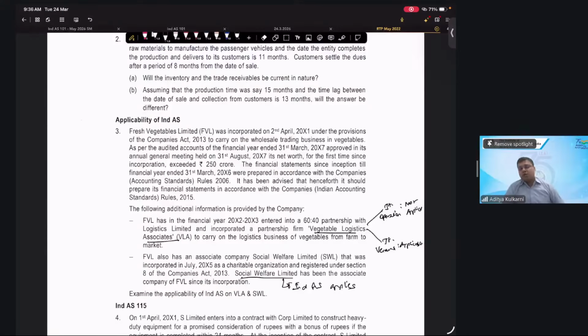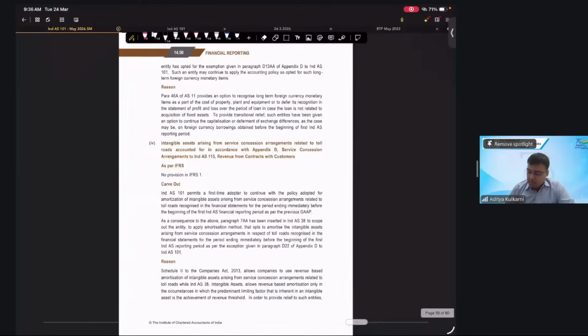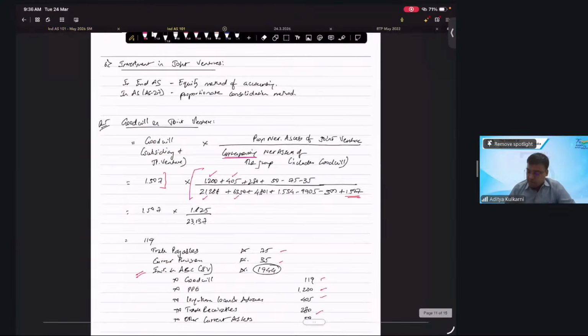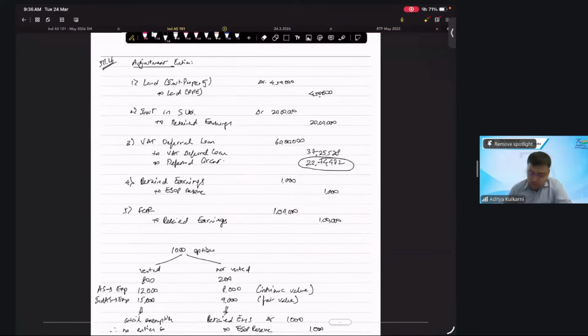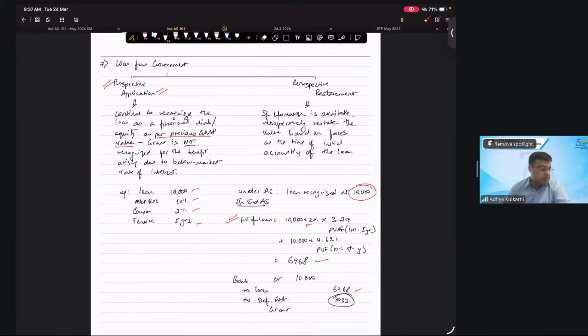So that is why you cannot apply it, and hence it will be outside the purview of Ind AS. Are we okay with this? Yes, sir. Yes? All right. Fine. So that takes care of that part. Next.